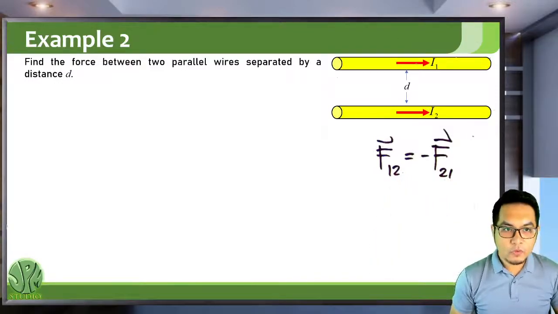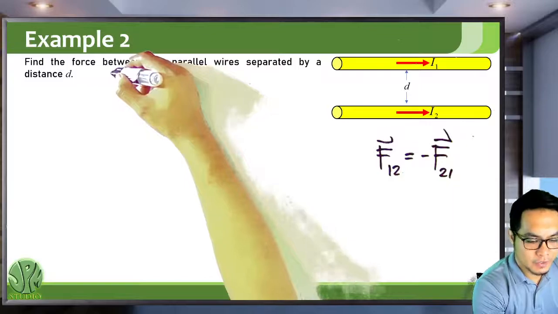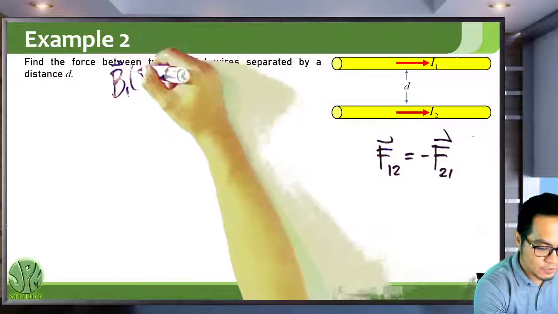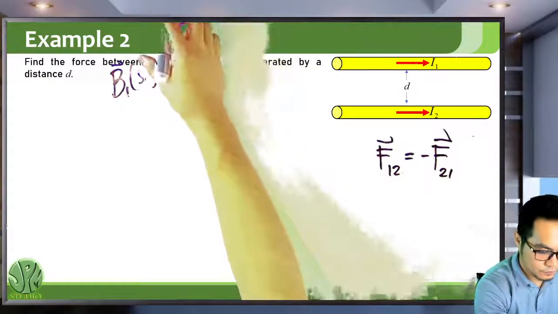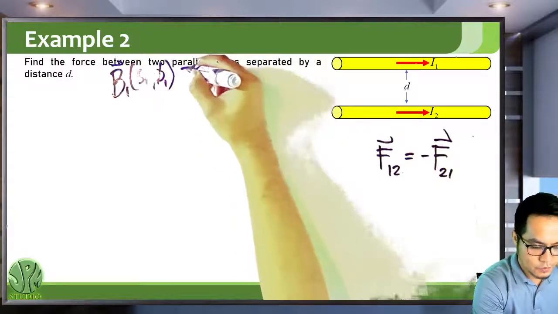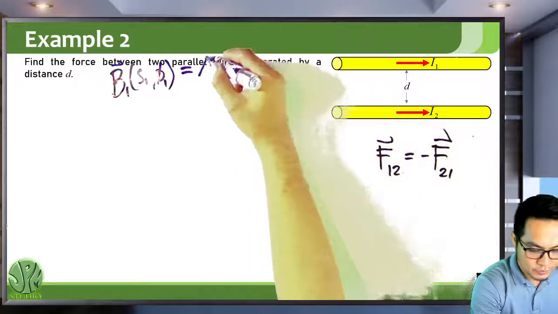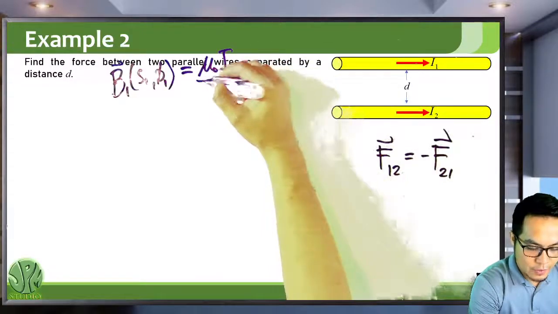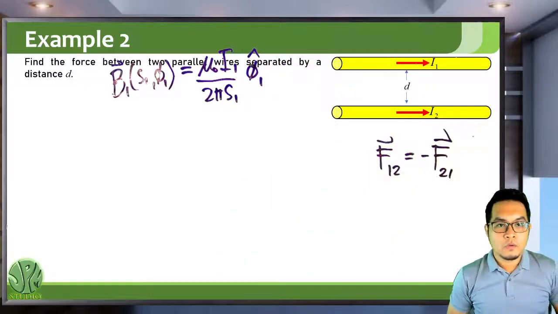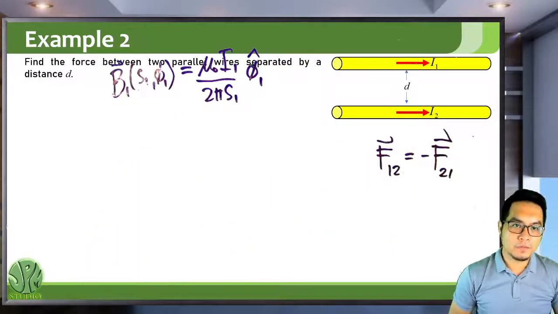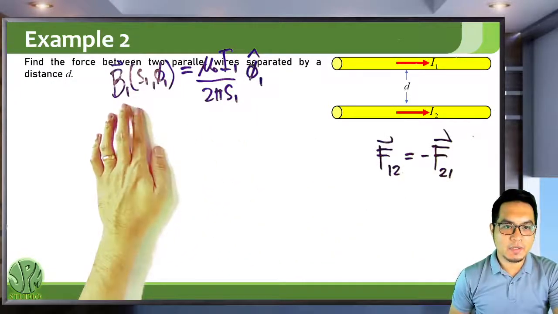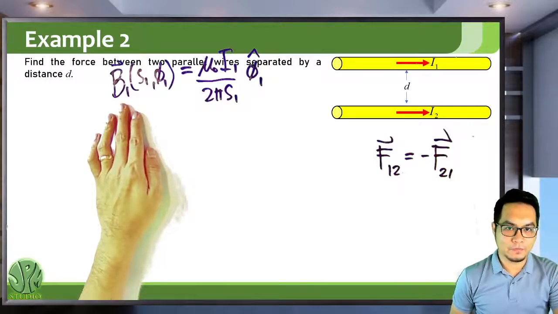Now, we already know that B1 is a function of S1. From our previous result, we know that a current carrying wire, say carrying a current of I1, will have a magnetic field mu naught I over 2 pi S. There's a subscript 1 here, indicating that this is the magnetic field of I1.